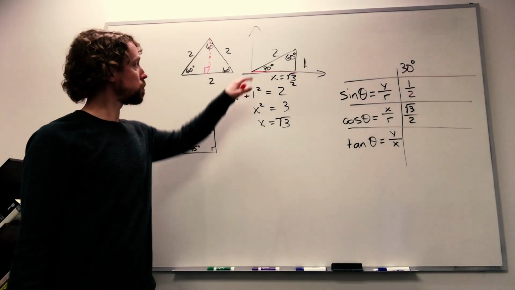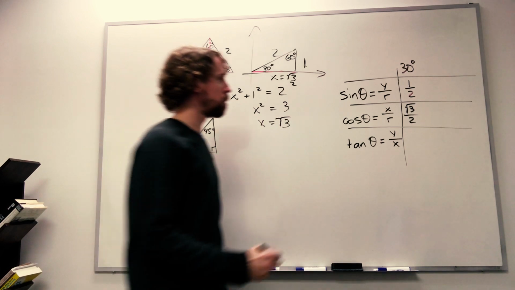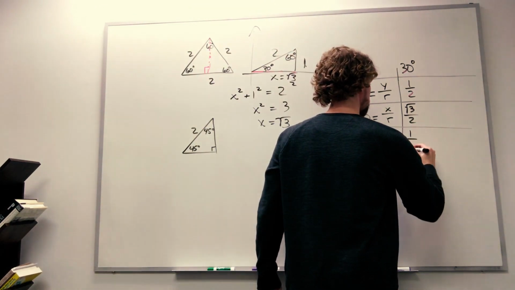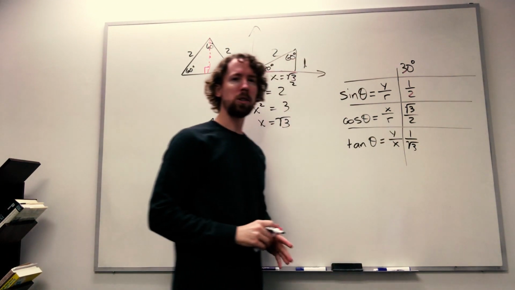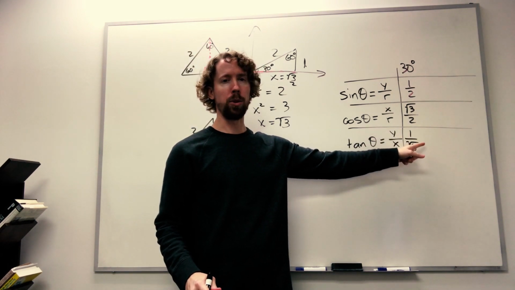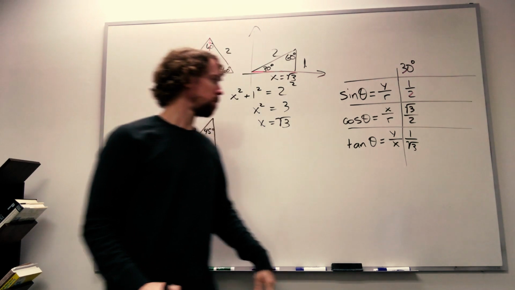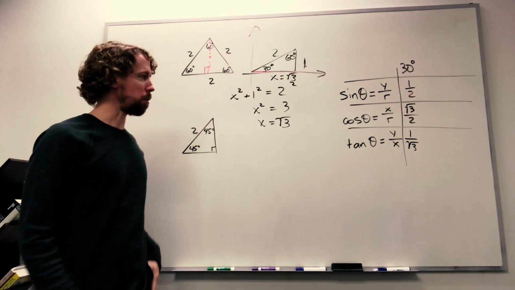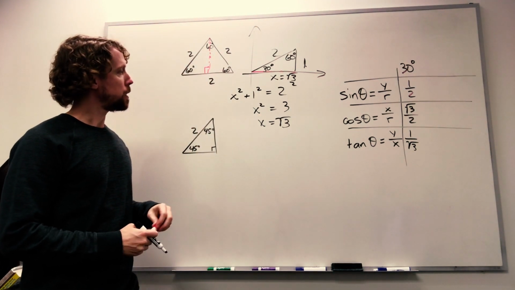And then tangent will be 1 over root 3. You may want to rationalize the denominator here by multiplying the top and the bottom by root 3. That's the conventional way to write it, but I'm not going to do that here. All right.